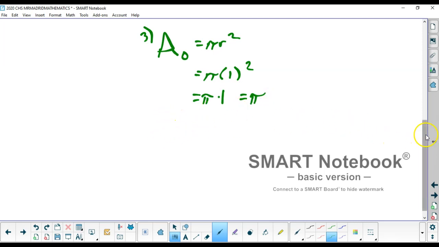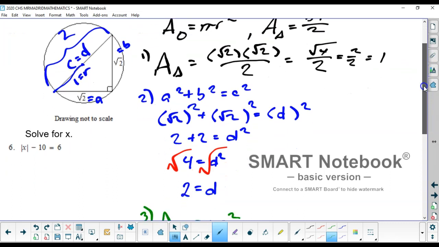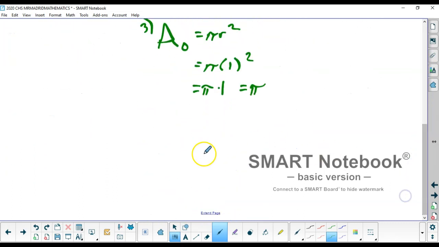Okay, so we're pretty much done, except we got to look back, and it wanted us to express this in simplest form. So area of a circle over area of a triangle. Go back to black. The area of the circle is pi.